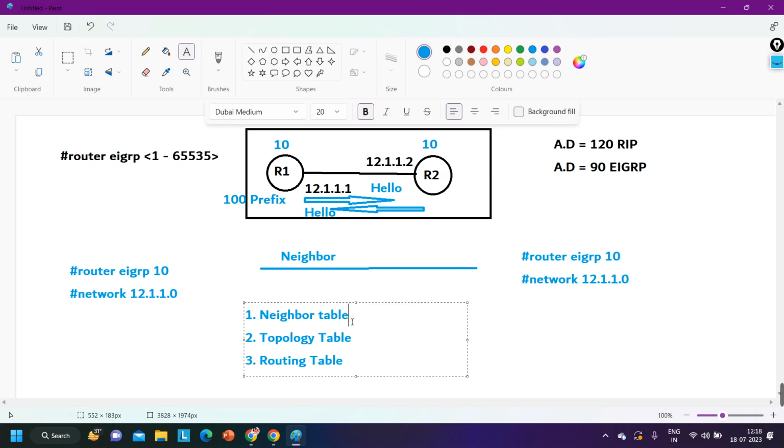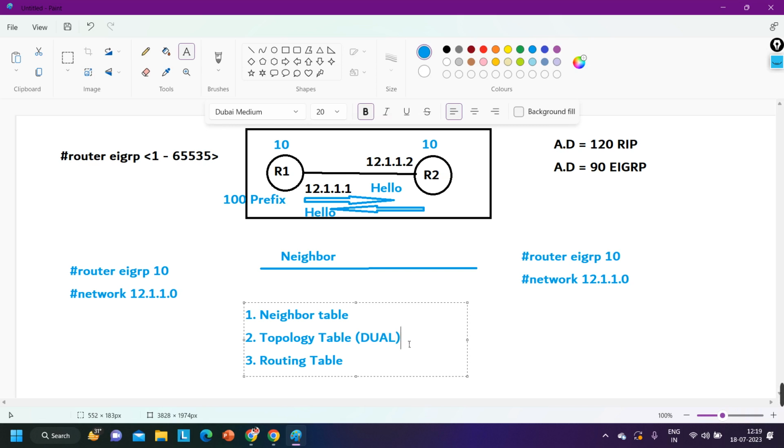EIGRP maintains three types of tables. Neighbor table: first it will store the neighbor information. After that, with its neighbor it is going to exchange the topology table. And on the topology table it will run the DUAL algorithm, the Diffusing Update Algorithm. So if anyone asks you what algorithm the EIGRP protocol uses, it is the DUAL algorithm.